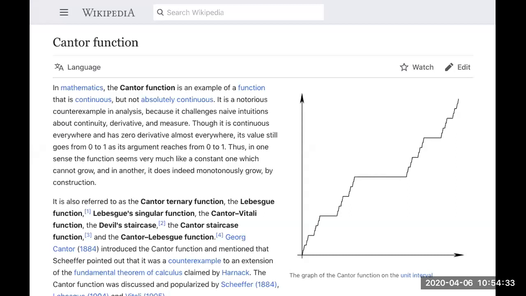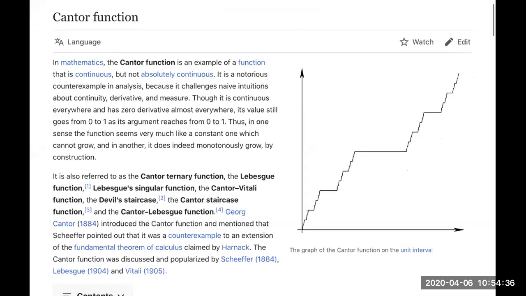Okay, look at this function here. This is what you're going to get if you continue infinitely many steps.